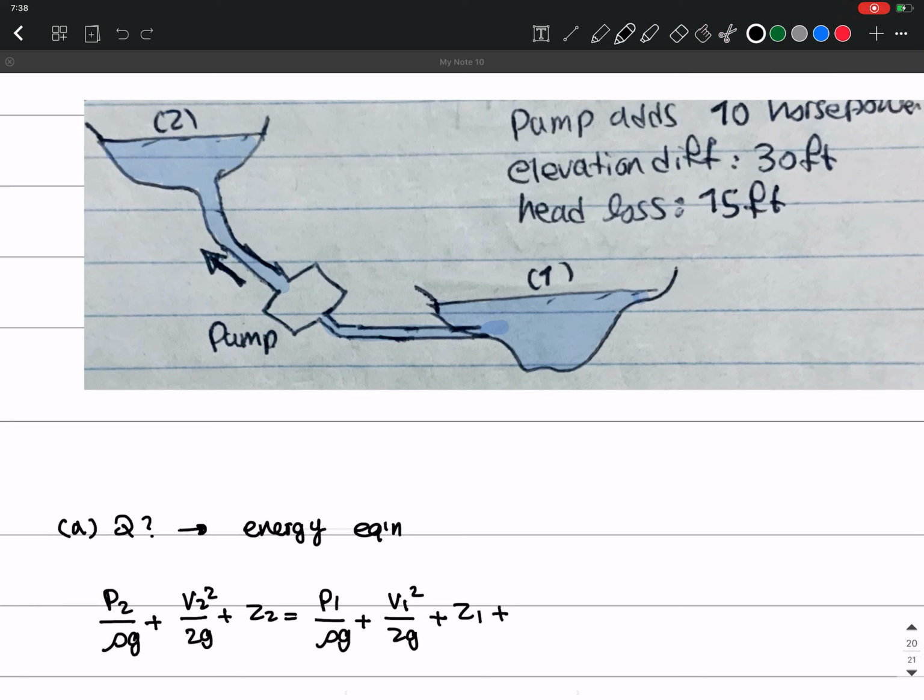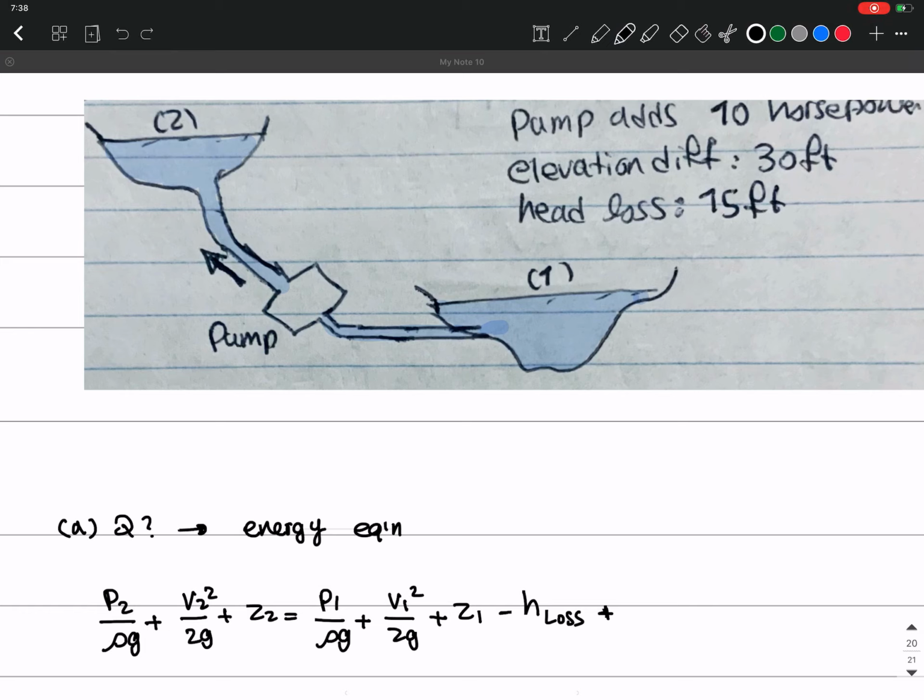So I can just add that, I can just reduce that energy. So it's going to be minus head loss, which is how much it is lost. And then I know that the pump also adds power or horsepower to this kind of system here for P1, right?